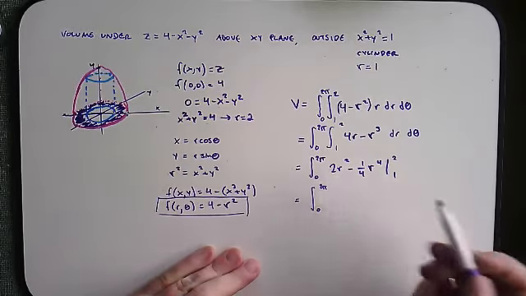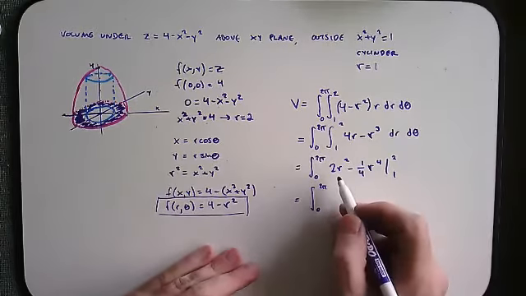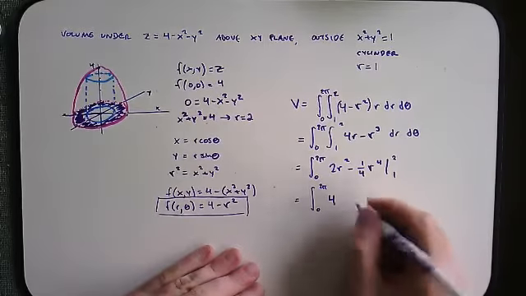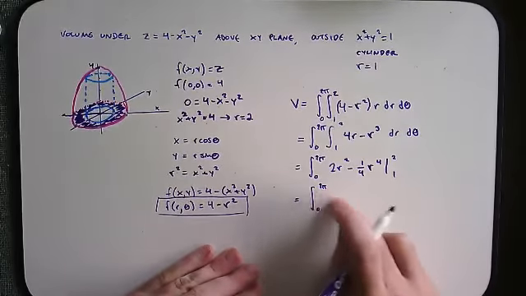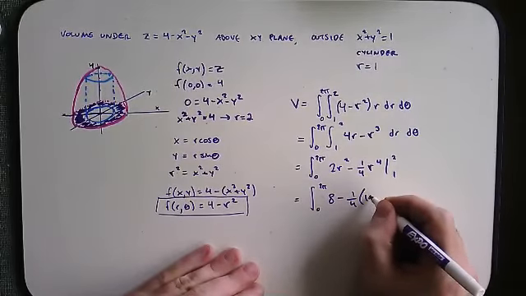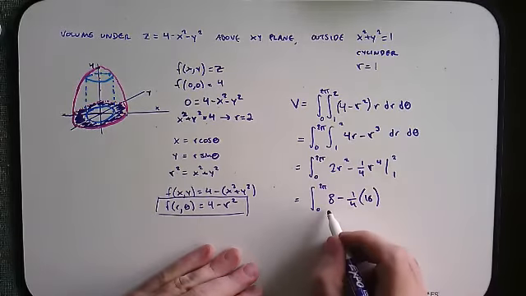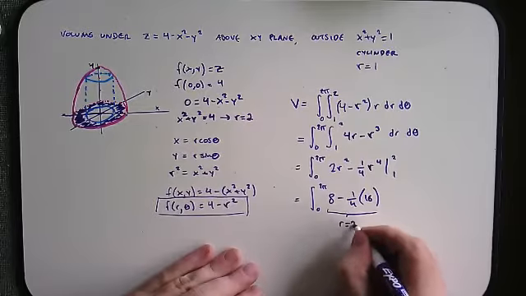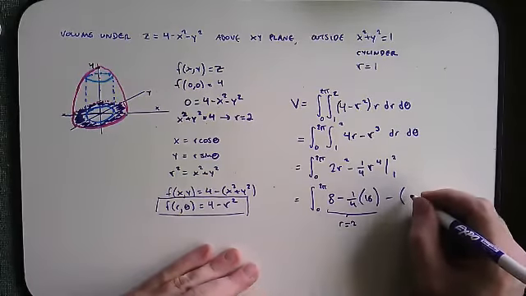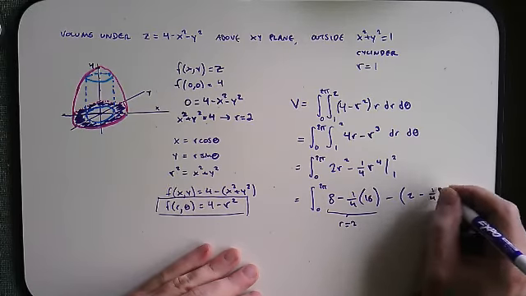Okay, so if we evaluate this at 2 and 1, we will get, let's see, 2 times 2 squared is 8, minus 1/4. So there's evaluated at 2. Then we subtract off 2 minus 1/4.